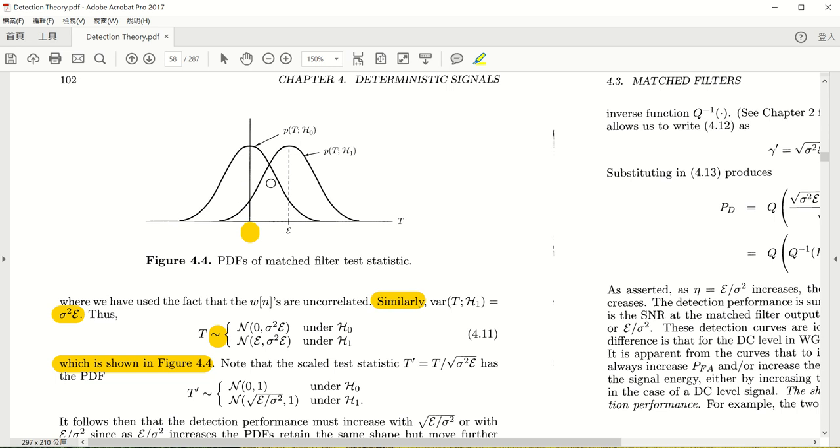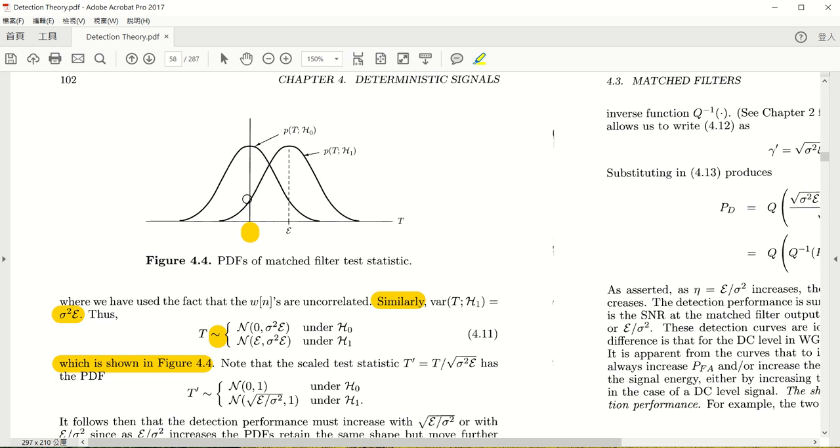Variance actually represents the degree of spreading out, right? That is, the degree to which this PDF spreads out. When you have a large variance, you have a wider distribution. When you have smaller variance, you have a sharper distribution. So that's the idea, the illustration.